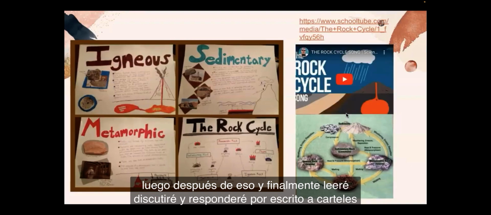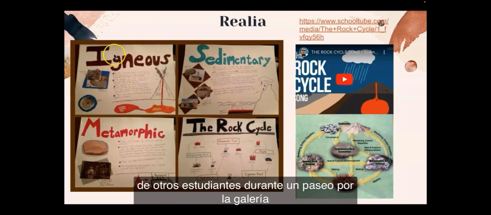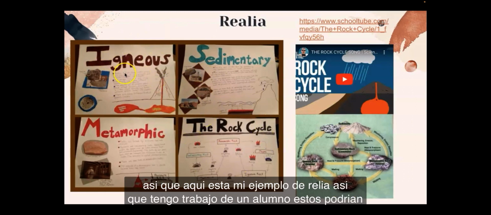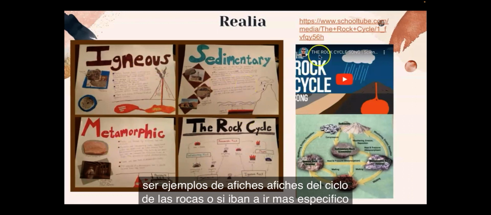So here's my example of Relia. So I have a student's work. These could be examples of posters of the rock cycle, or if they were going to go more specifically, if someone did an igneous rock, or if they did their poster on sedimentary or metamorphic. I also have the rock cycle song, which I think would be awesome for students to listen to.